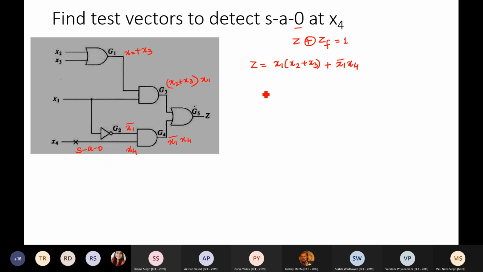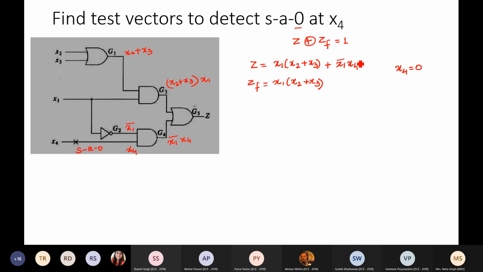Okay. So if this is my expression of Z, I have to implement a stuck at 0 fault at x4. Yani in this expression, I need to put x4 as 0. If I put x4 as 0 in this entire expression, my faulty expression would be x1 into x2 plus x3 because x4 is 0, x1 bar and 0 is 0.